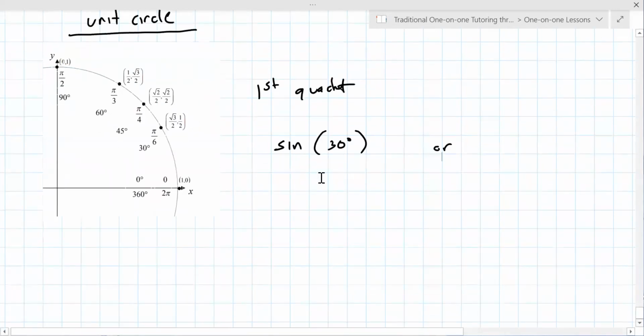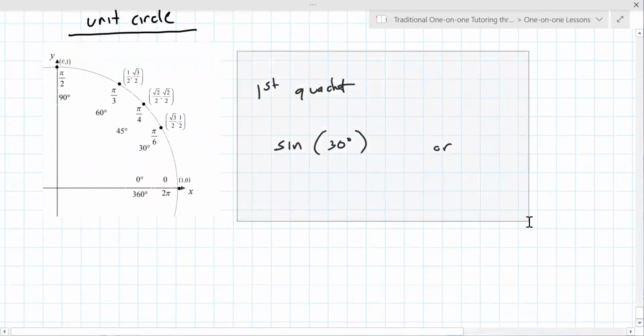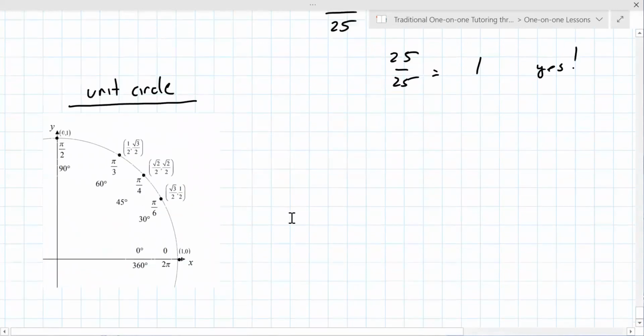It sounds like you've never taken a trigonometry class. And that is a prerequisite for calculus. For Calc 2, it's needed, but you can probably learn it along the way. The way the unit circle works is it's a circle with radius 1.